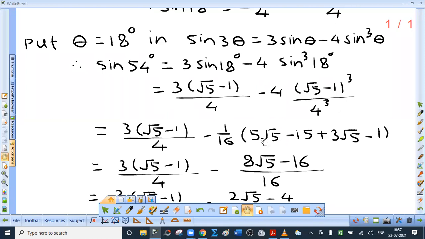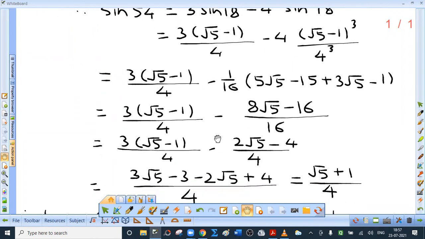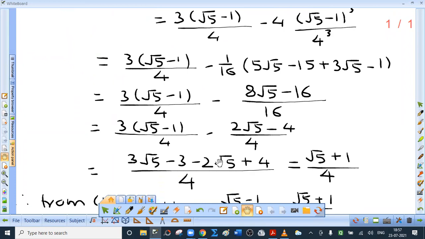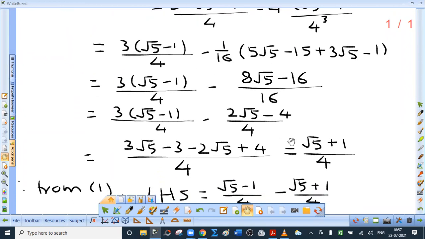Now you have to be careful. If you simplify this, I have divided numerator and denominator by 4. I could have divided by 8, but we need LCM 4, so divide by 4 only. So what is sine 54 degree on simplification? Just go through this. Root 5 plus 1 upon 4.